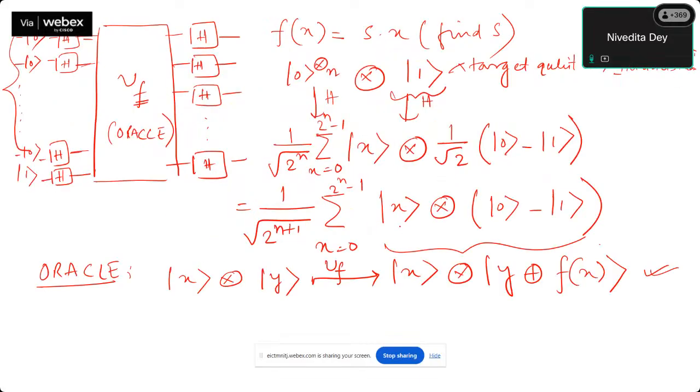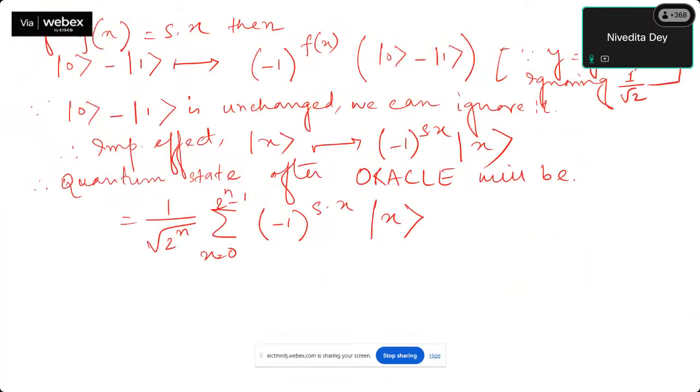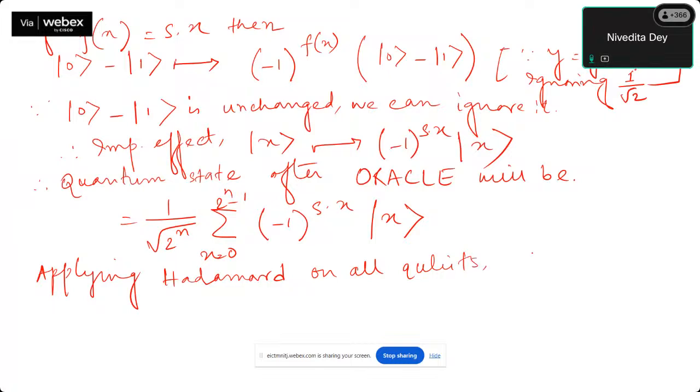Now after the oracle, what we are doing? We are again applying Hadamard on all the qubits. So that means if I have to apply Hadamard on all n qubits, we are applying Hadamard to ket x.